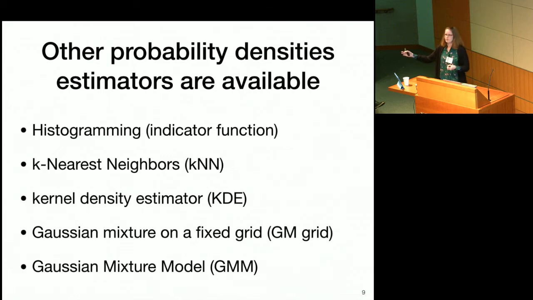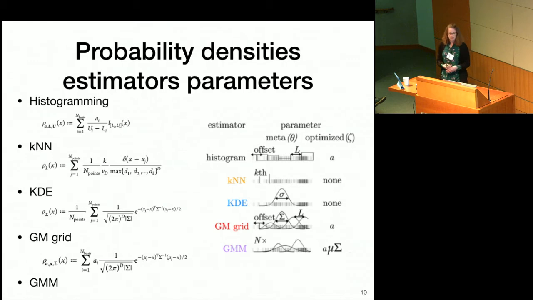So the further the k-nearest neighbor, the lower the density. These are all quite used to estimate probability densities in other domains. And these can all actually be formulated as a sum of basis functions that all have the same shape.